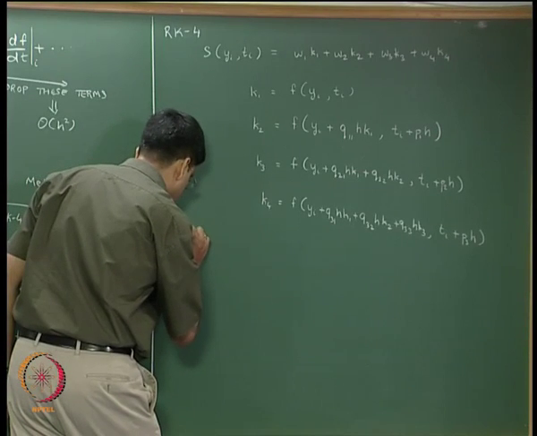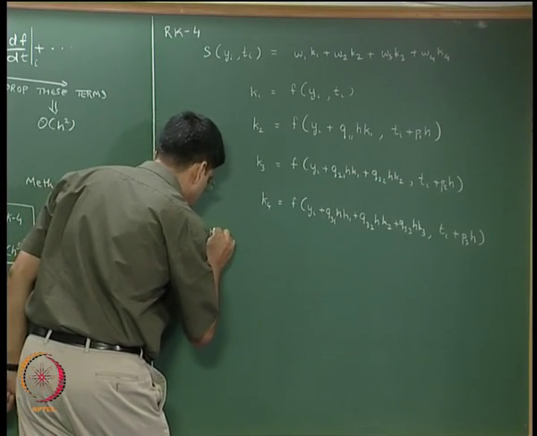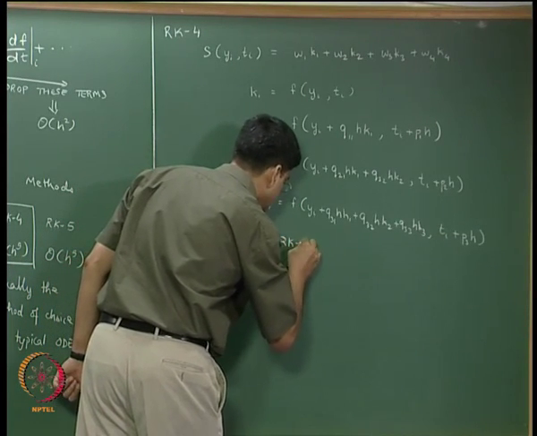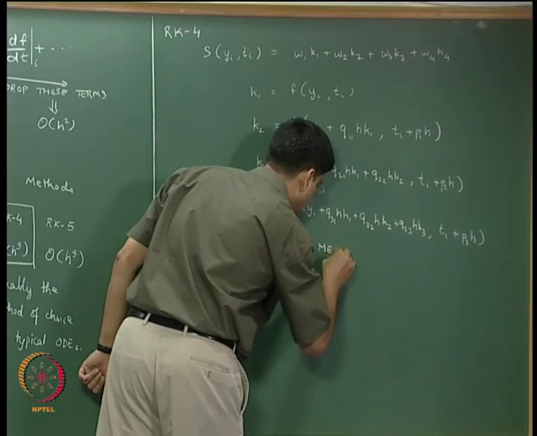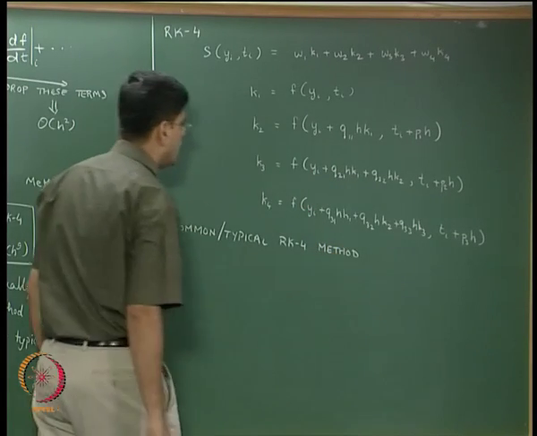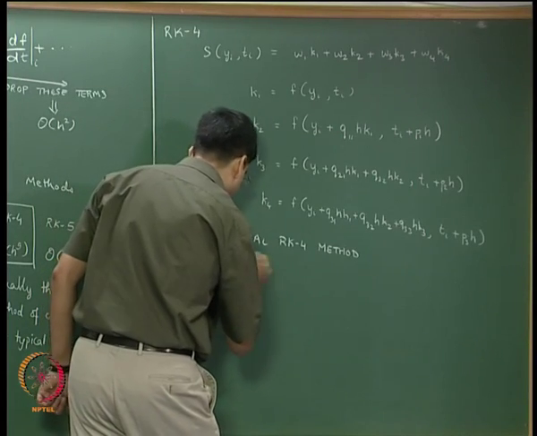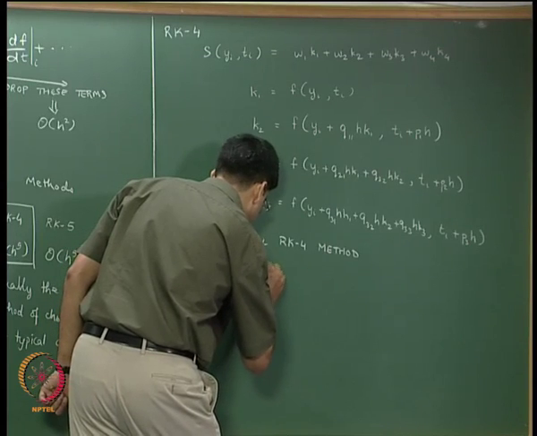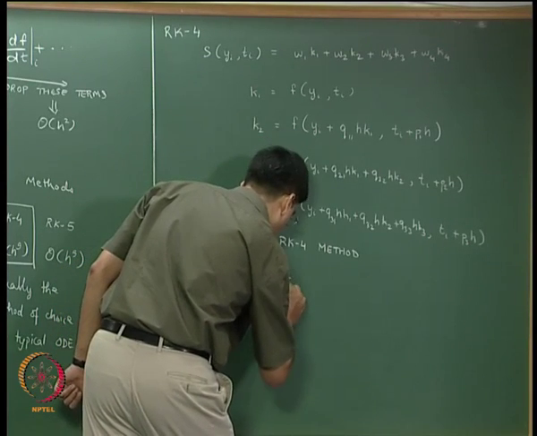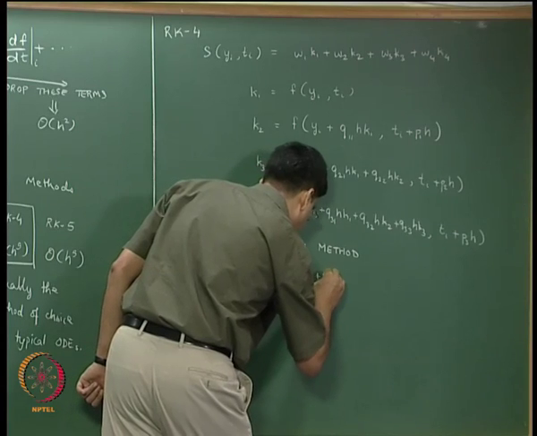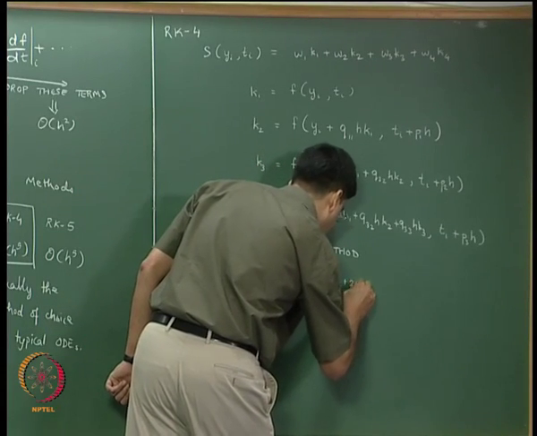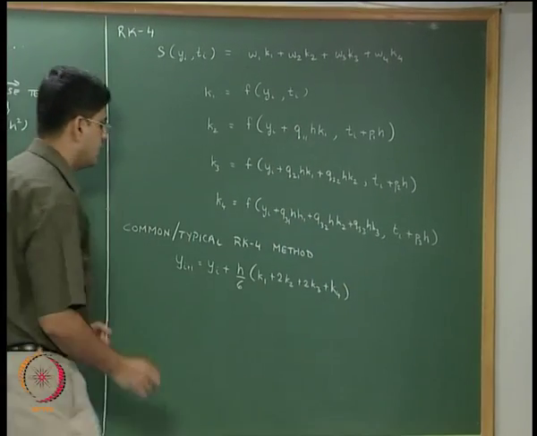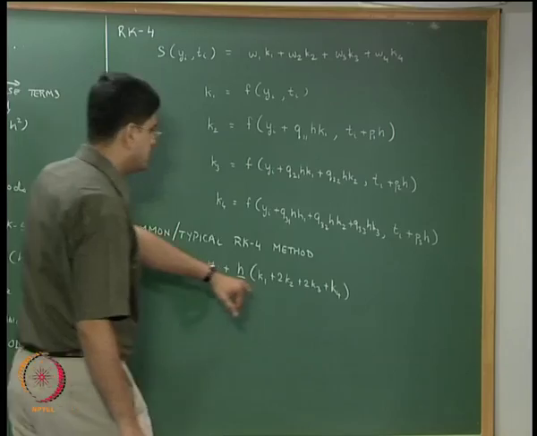So the common or typical RK4 method has S equal to 1 by 6 times K1 plus 2K2 plus 2K3 plus K4.